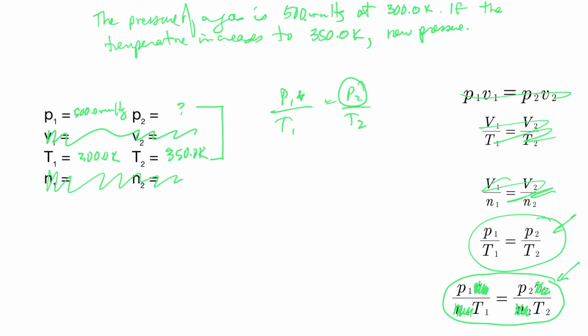I'm looking for P2, so P2 is equal to the other cross, P1 T2, divided by the other thing that's across from what I'm looking for, T1. Plug stuff in, figure things out. Hopefully that helps you out to sort of determine how to choose which formula that you need to use in order to solve the question.